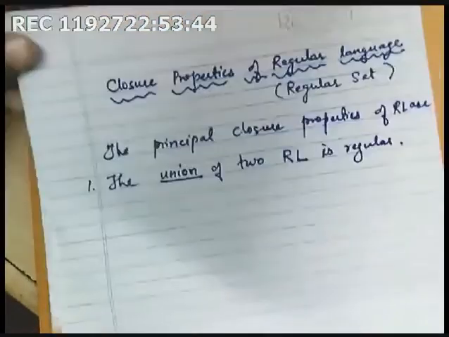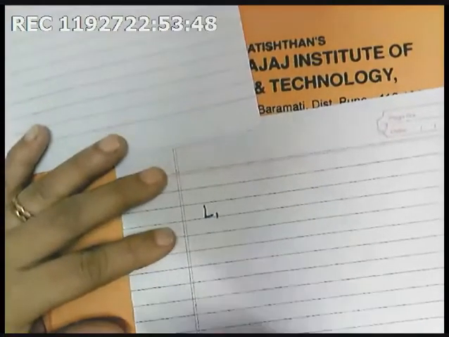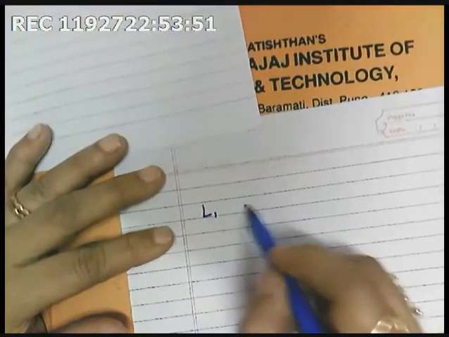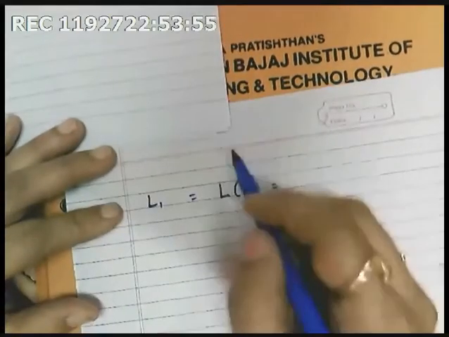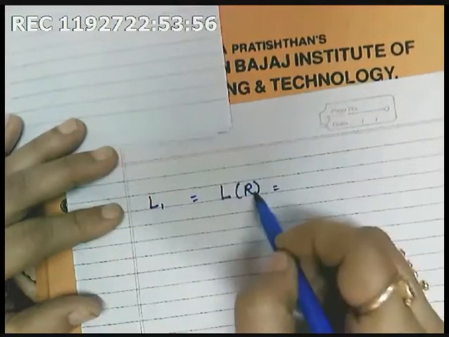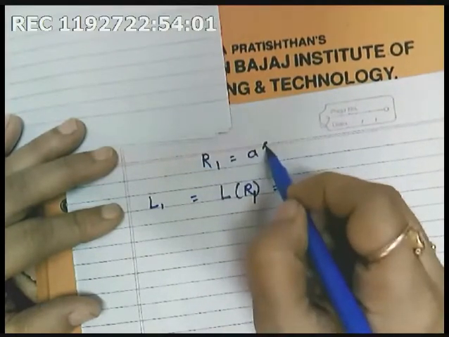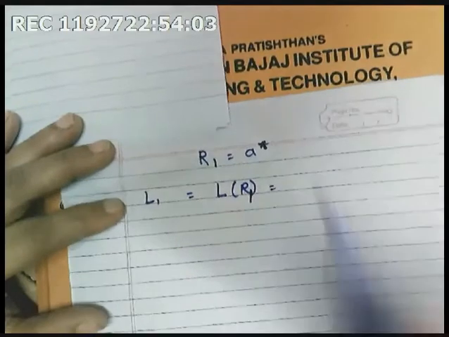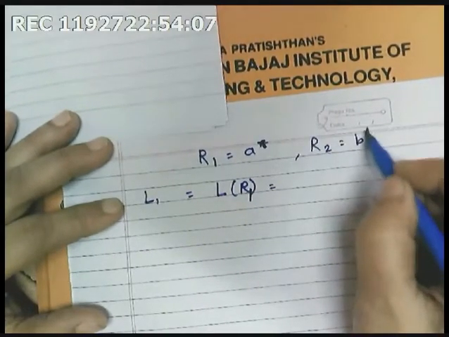Now what does this mean? Suppose I am having a language L1, which is represented by some regular expression. For example, R1 is A star. I'm having another regular expression, for example, B star.